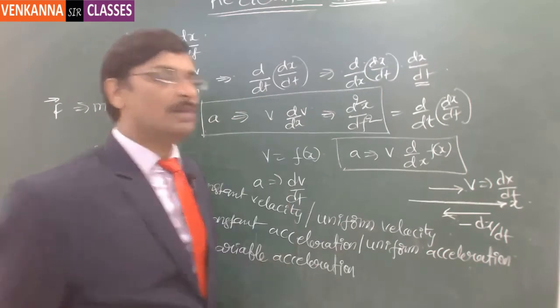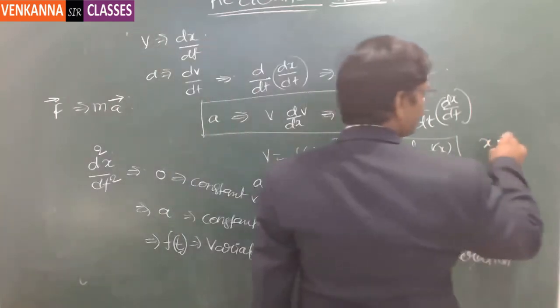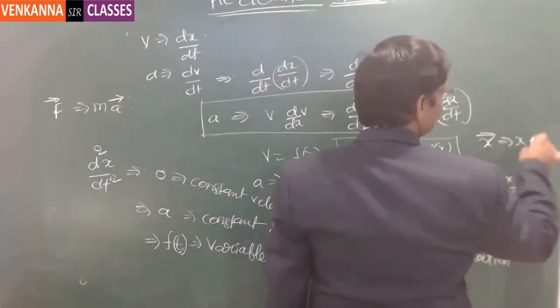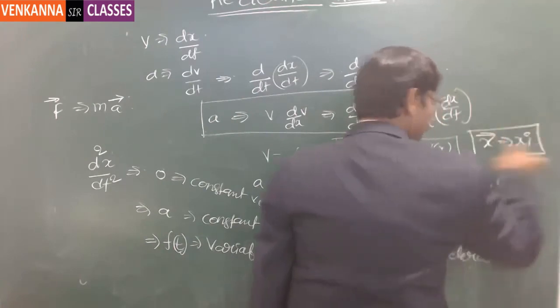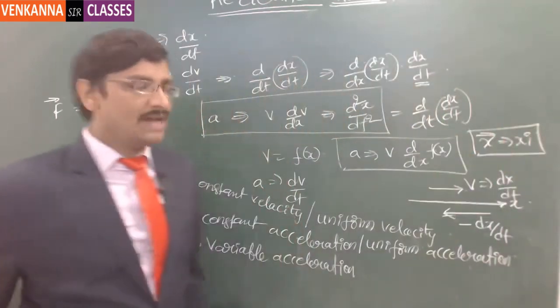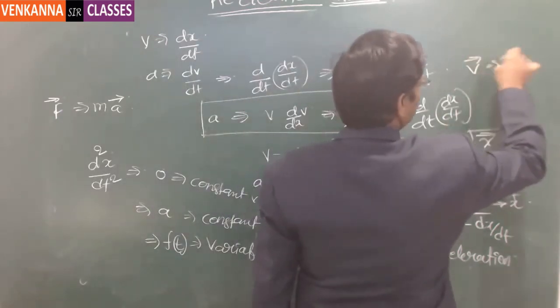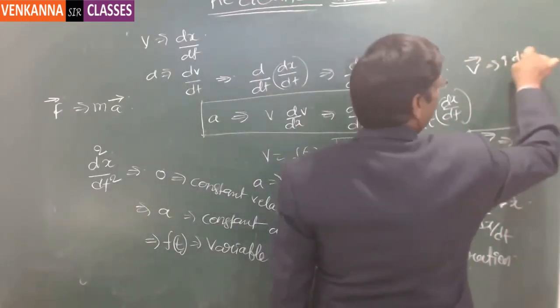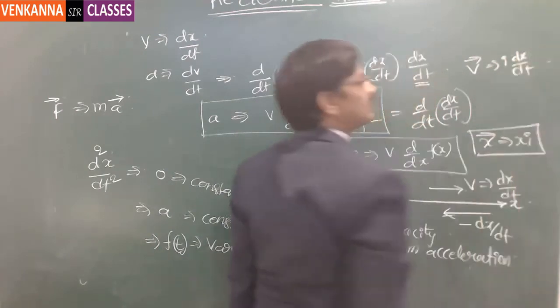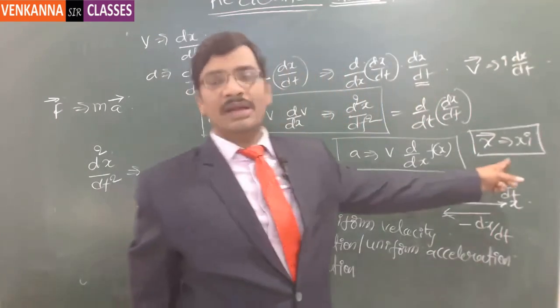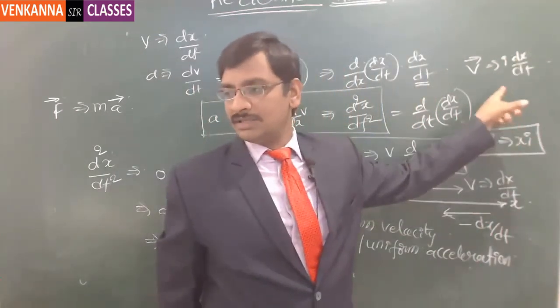In vector form, if you want to express it, the x vector is nothing but x i, where i is a constant vector. The velocity vector is i into dx by dt. That means whatever the direction of x is, it is also the direction of the velocity.